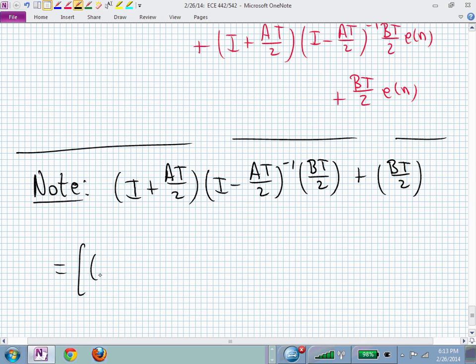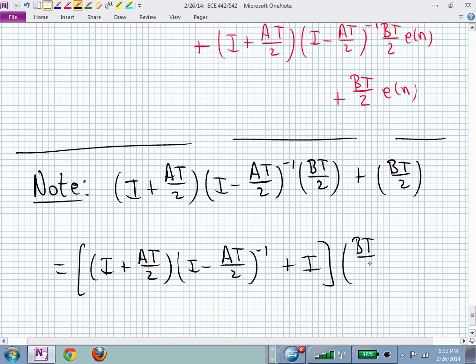Now we have I plus AT over 2, I minus AT over 2 inverse, plus I, factoring, and we have to keep track of where we're pulling these, left or right, because these are matrices. So we can only factor that out on the right. Is this okay? That should just be an algebra step.